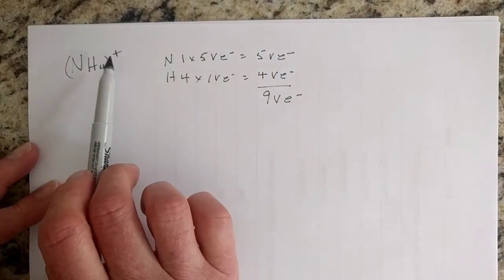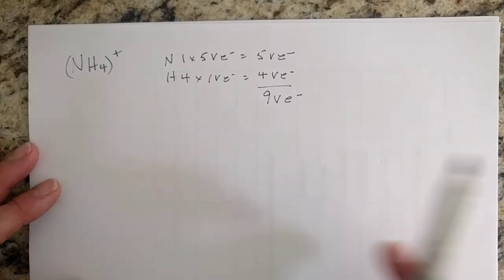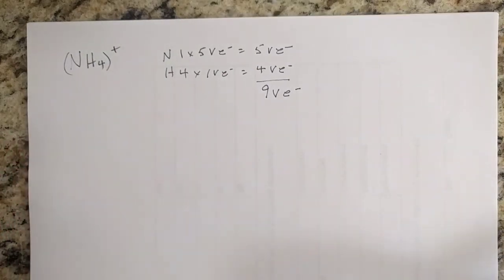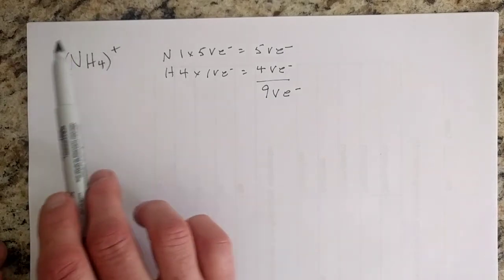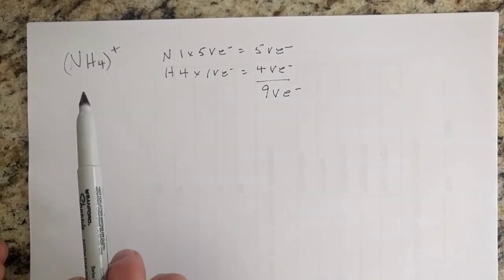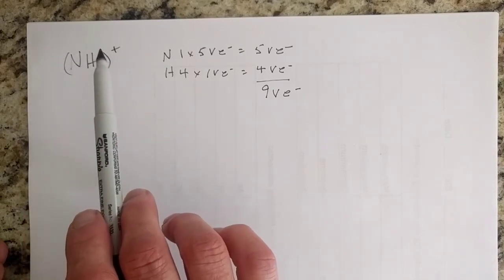Now we have to look at this charge. What does it mean to have a positive charge? It means that you have lost an electron. It means that this group lost a valence electron. You lose 1 negative, you become 1 positive.